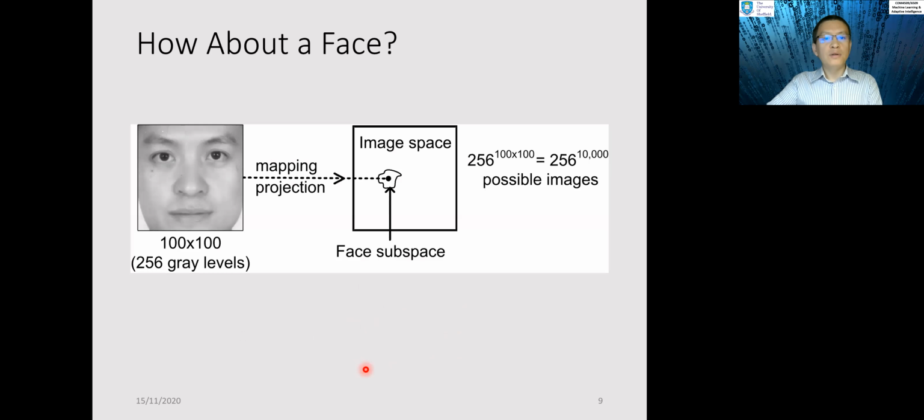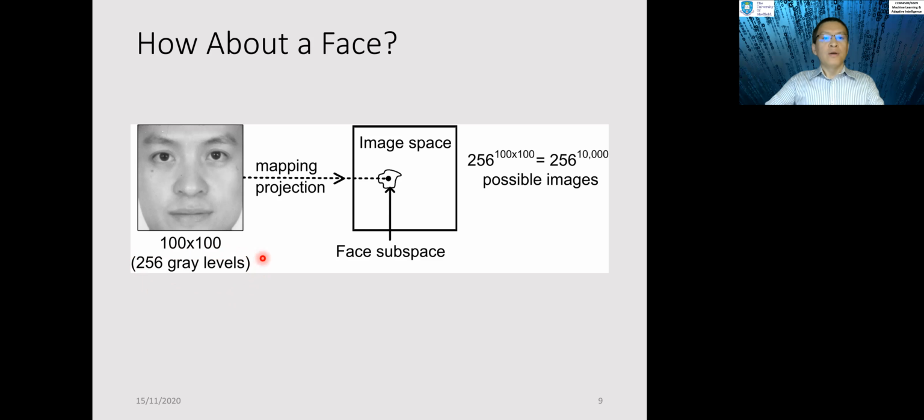And let us look at a face image which is of a size 100 by 100. And this time, we are not having a binary image, but a gray level image with 256 gray levels, that is 8 bits. So basically, an 8-bit image.